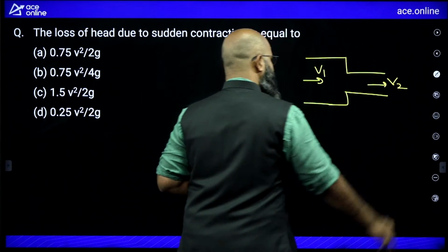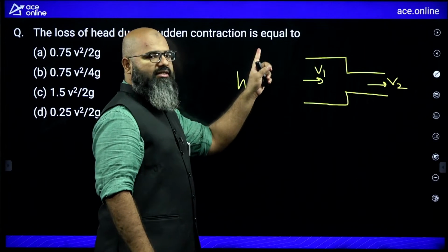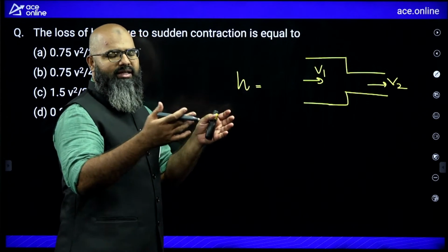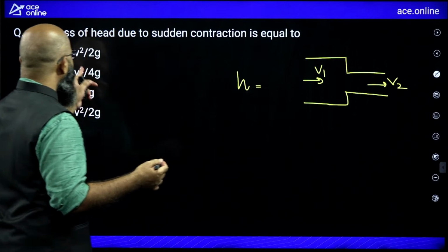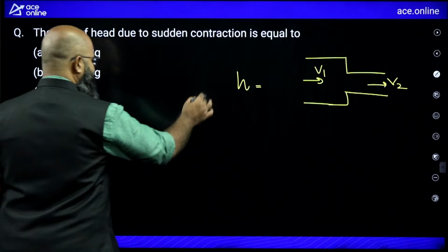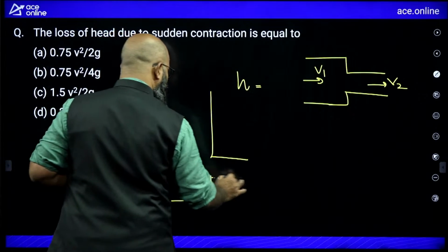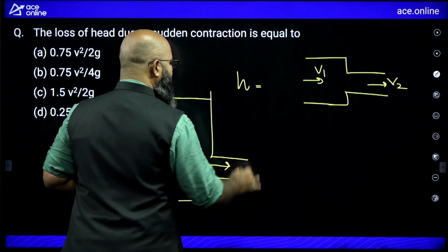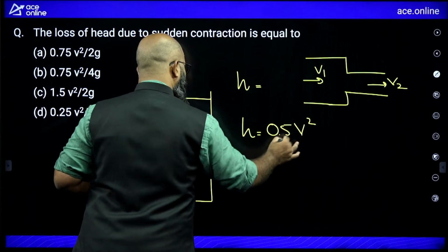It is supposed to be equal to Vc minus V2 whole square divided by 2g, and all that will give you the 1 by Cc formula. But over here he is mentioning only one velocity. So he is expecting you to talk about sudden contraction from a reservoir into a pipe. In this case, we say the value of head loss is equal to 0.5 V square by 2g.